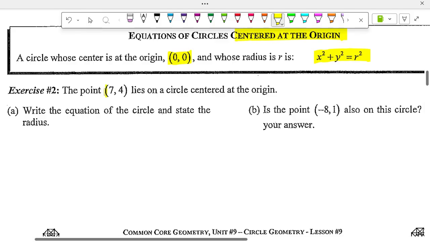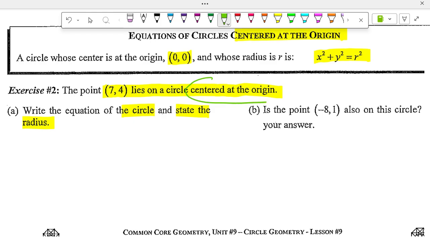This next exercise said the point 7, 4 lies on the circle centered at the origin. We first want to write the equation of the circle and state the radius. So, it's centered at the origin. That means it's centered at what point? 0, 0.